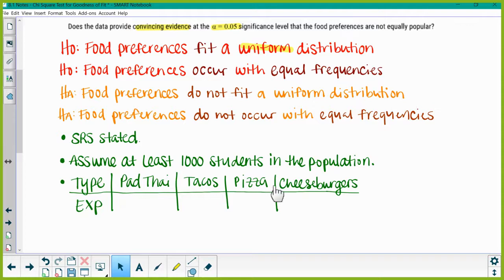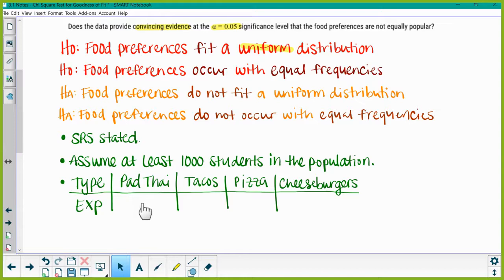So I have the type of food: pad thai, tacos, pizza, cheeseburgers. My expected counts are going to go into the boxes, and this is going to take care of that necessary listing of the expected counts. Now, you don't have to draw out a formal table on your AP test, but do make sure that you list them somehow, some way.